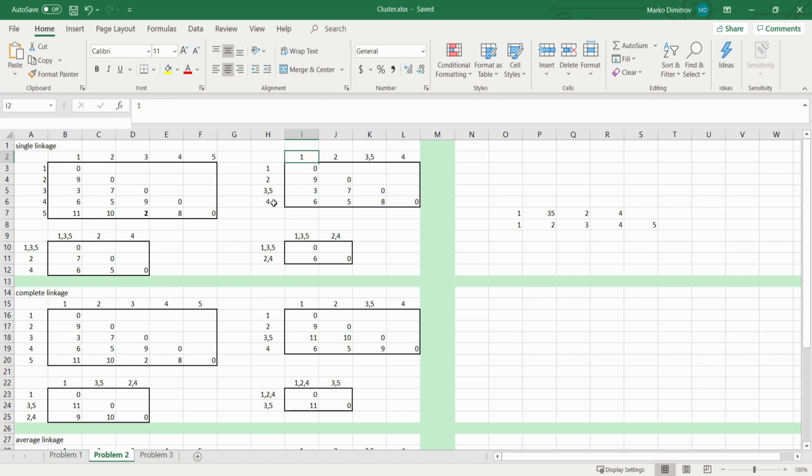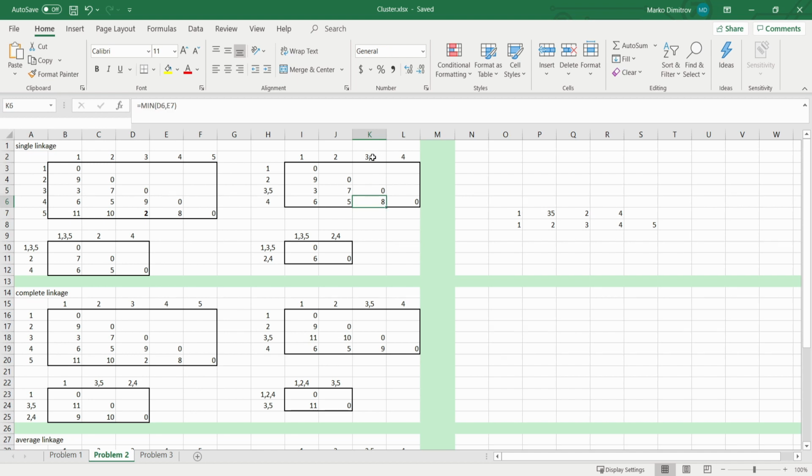The minimum distance between clusters 1 and 4 remains the same, and between 2 and 2 it is still the same. Then for 2 and the cluster, we take the minimum of 2 and 3 and 2 and 5: 2 to 3 is 7, 2 to 5 is 10, so we put 7.